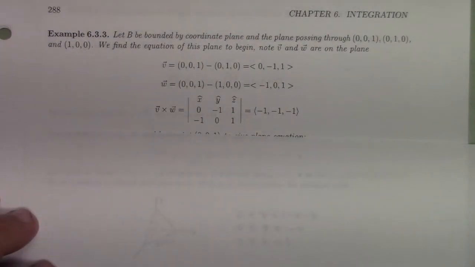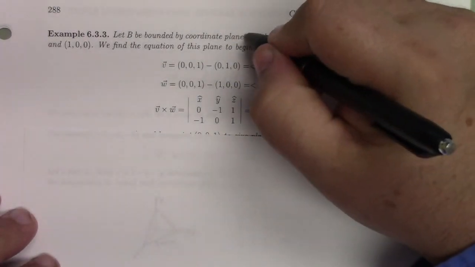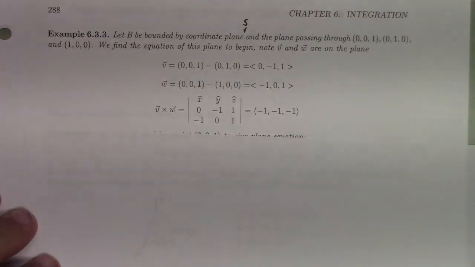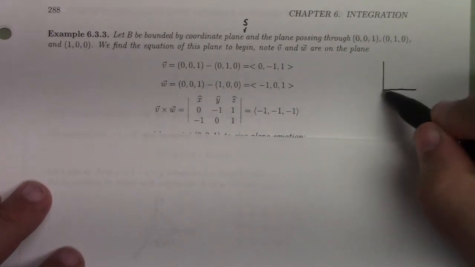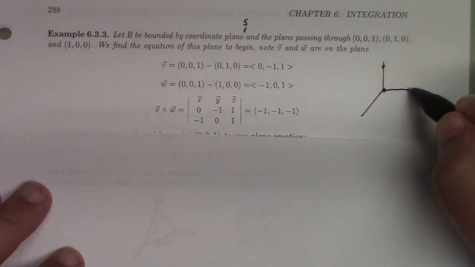Here's another one. B is bounded by the coordinate planes and the plane passing through these 3 points. Basically, the region we're talking about has these 3 points.